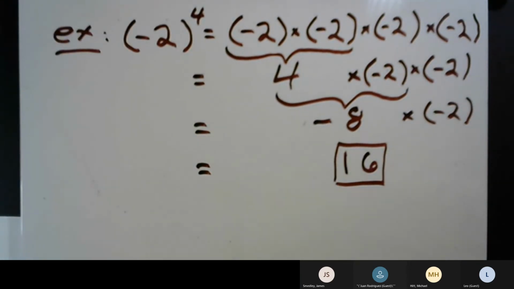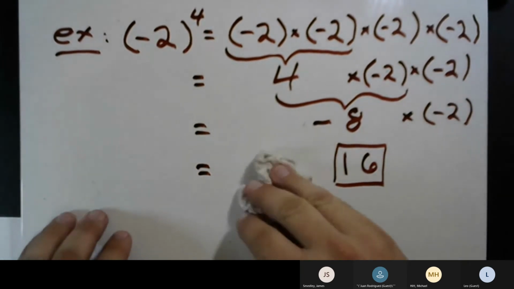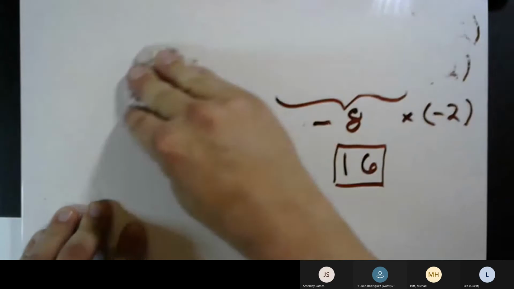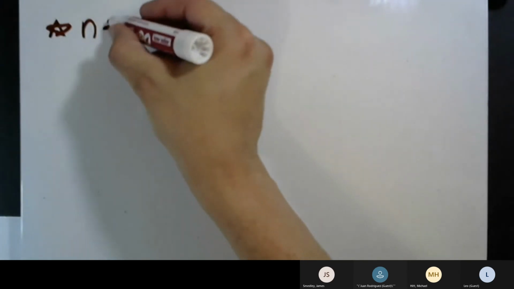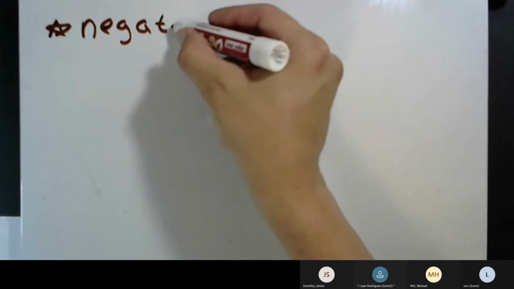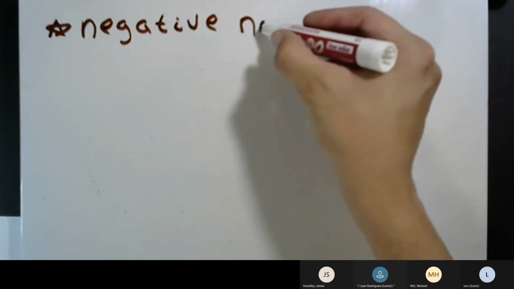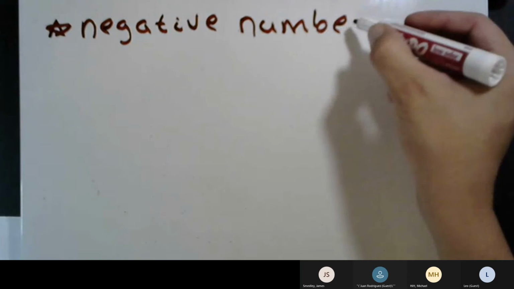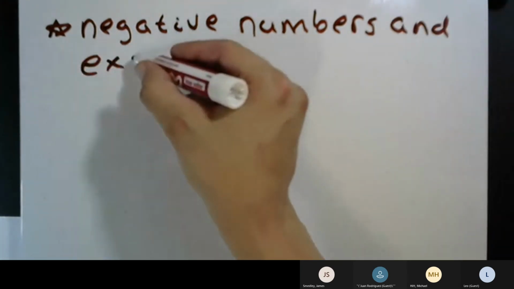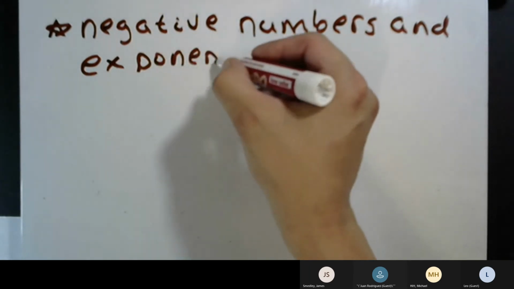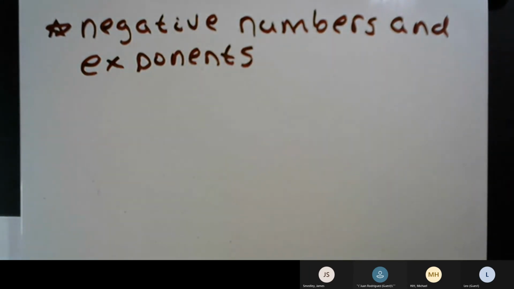Now I mentioned you want to keep that -2 with an exponent of 3 off to the side, and this is why. This is a little trick with negative numbers and exponents.